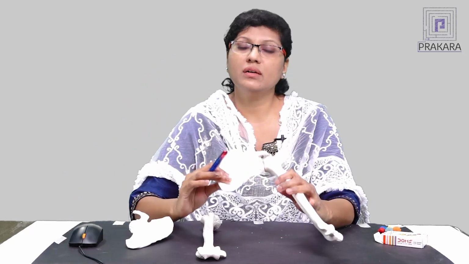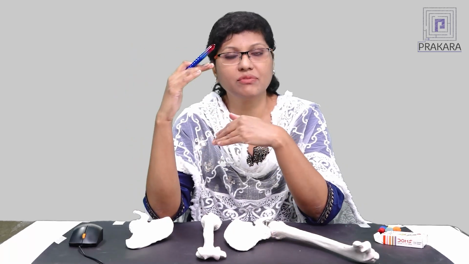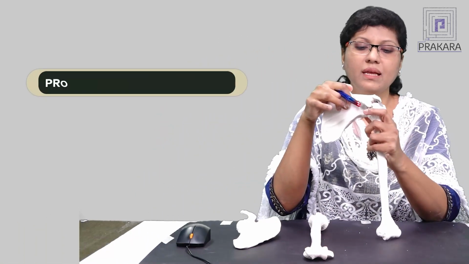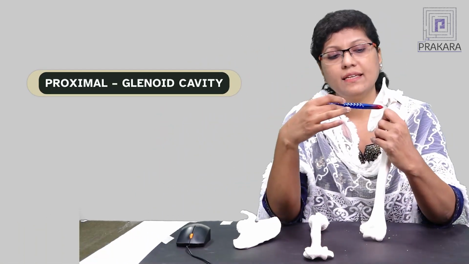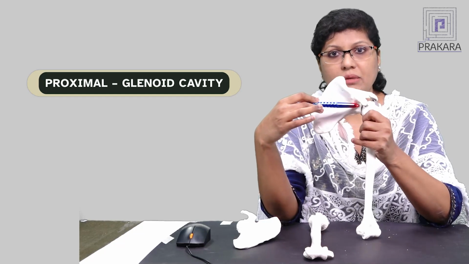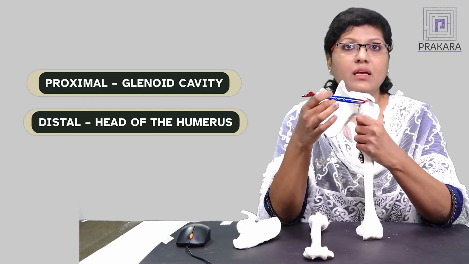Coming to the next part of the joint, that is the articulating surfaces. For any joint, we will see which is the proximal articulating surface and which is the distal articulating surface. Here the proximal articulating surface is the glenoid fossa or glenoid cavity of the scapula, and the distal articulating surface is the head of the humerus.